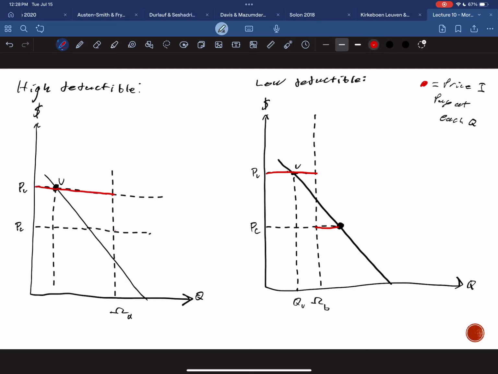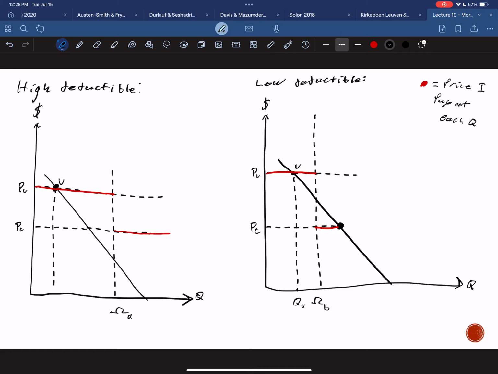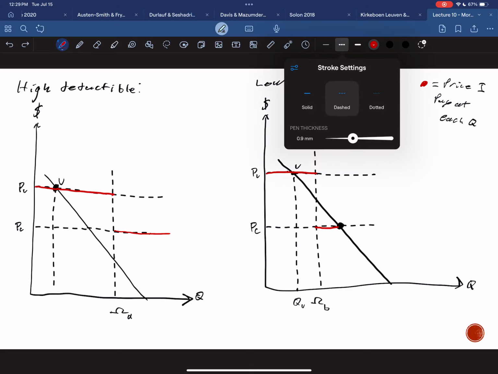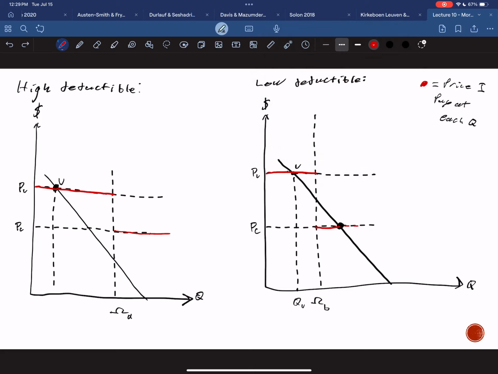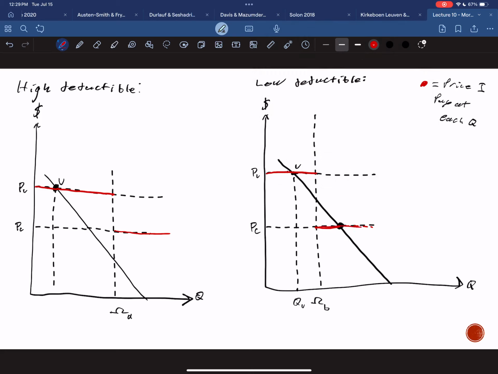So the solid red lines are the price I'm actually paying at each quantity, right?